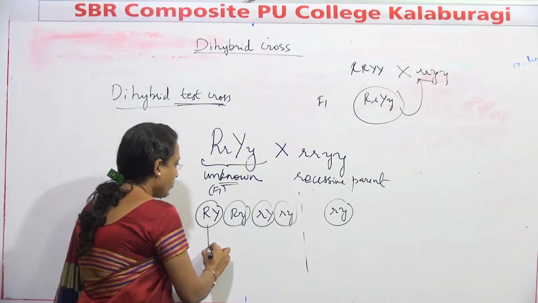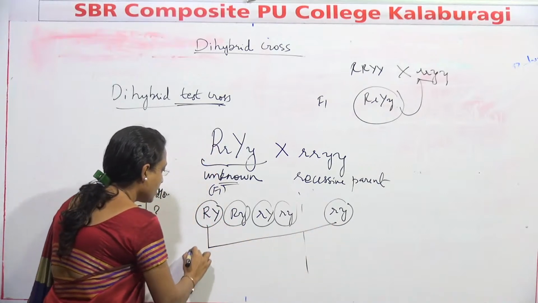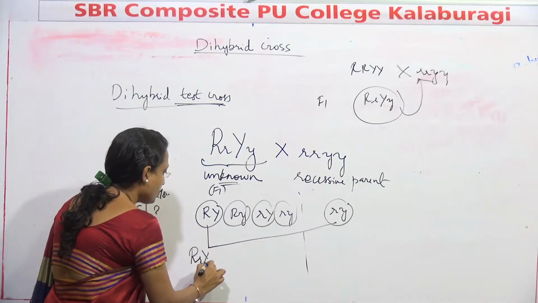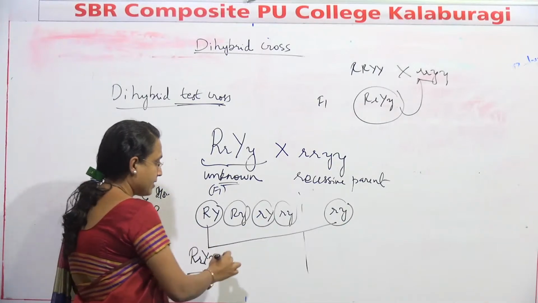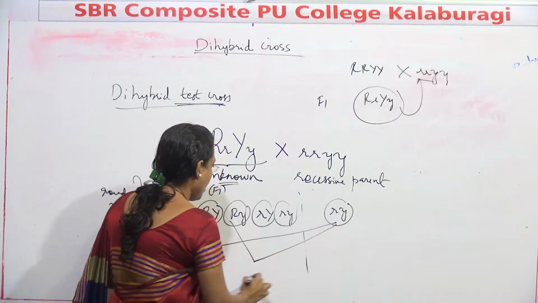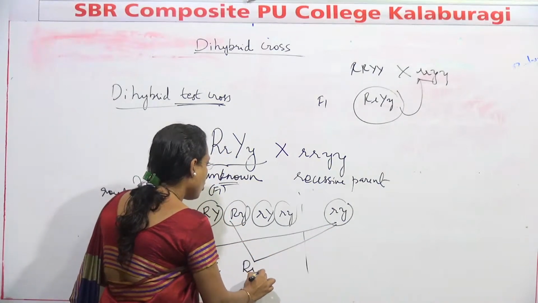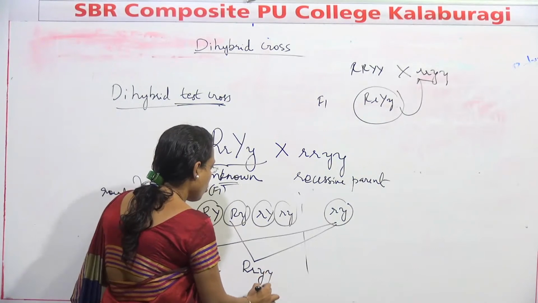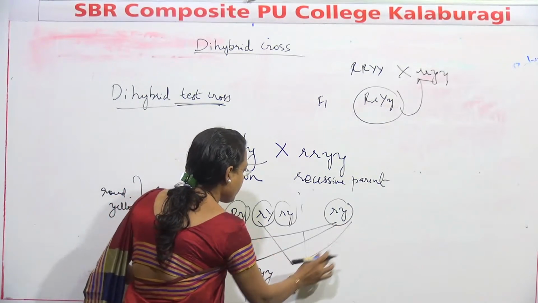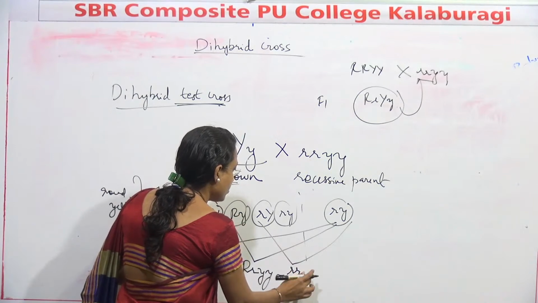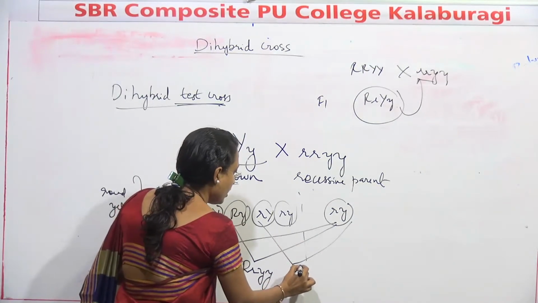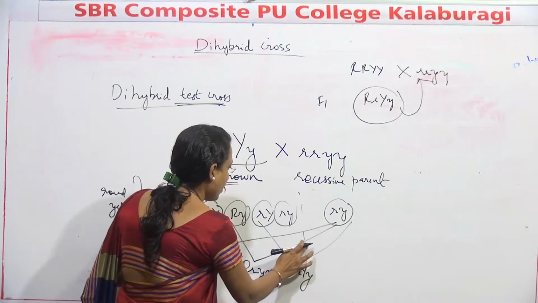Now here, capital R, small r, capital Y and small y. This is one of the offspring. Next, capital R, small r, small y and small y. Next offspring, small r, capital Y and small y.